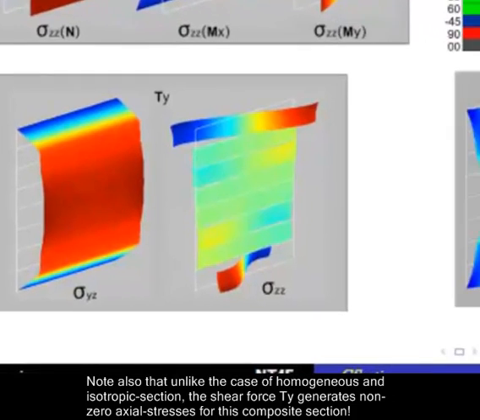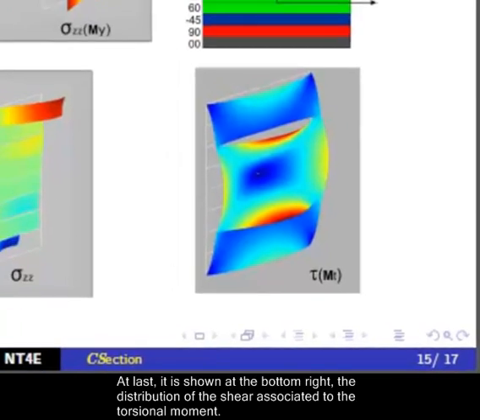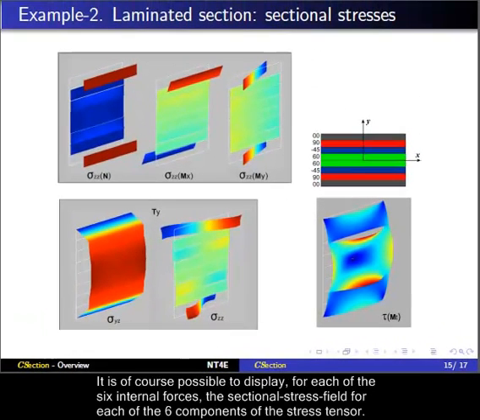At last, it is shown at the bottom right the distribution of the shear associated to the torsional moment. It's of course possible to display for each one of the 6 internal forces the sectional stress field for each one of the 6 components of the stress tensor.